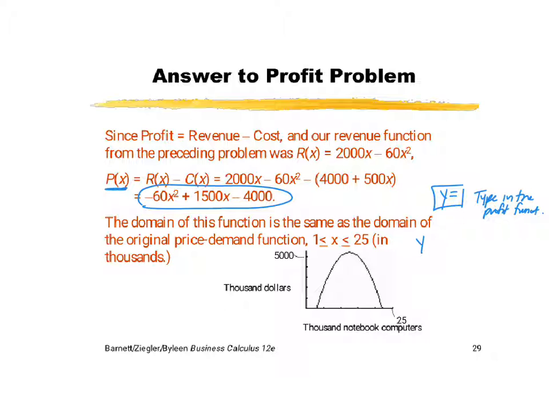So you should see y equals negative 60x squared plus 1,500x minus 4,000, and then you can graph it. But if you graph it, it'll be in the standard window or whatever window you left it in. If you want it to look like this window, then you'll need to put in the domain restriction for this, which ranges from 1 to 25.